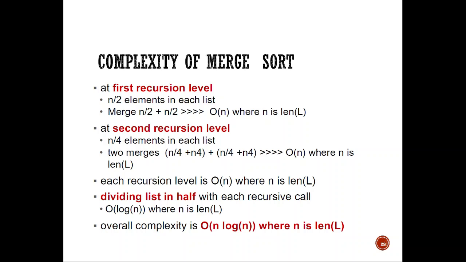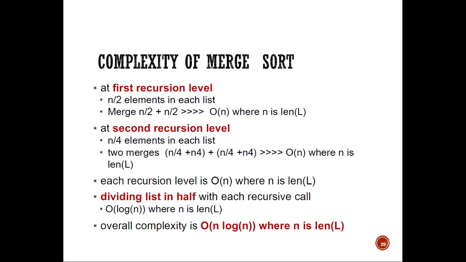So using the recursive version of the merge sort, at the first level we have n over 2 elements. At the second we have n over 4. So at each recursion level we divide the list by half. And because we have to go through all of the elements, we have n.